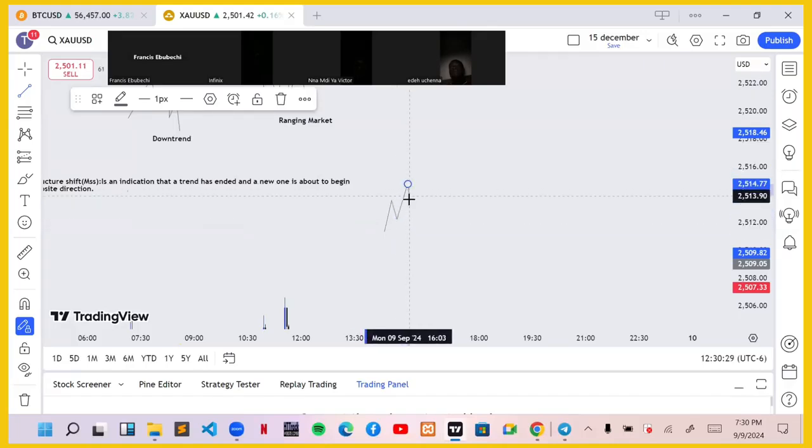And all of a sudden, the market did something like this: a lower low. What just happened is a market structure shift. The current trend is ending, and a new one is beginning in the opposite direction. So this particular place where price made a lower low, you mark out as your market structure shift. That's MSS.